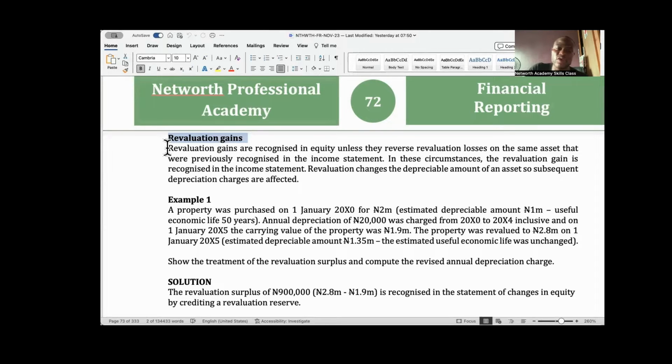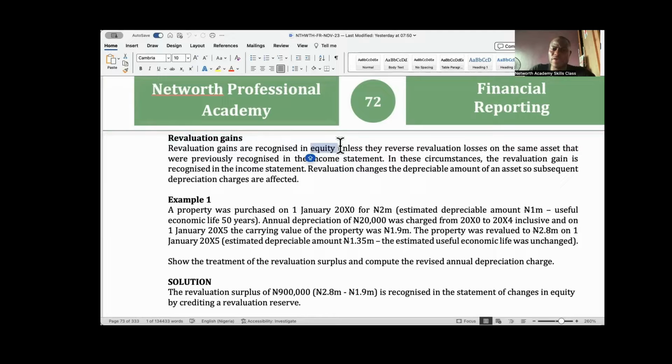And when you have a revaluation gain, usually it is an unrealized income, and it's usually recognized in other comprehensive income. However, all items in OCI, I've told you this before, usually are transferred to equity. So revaluation gain will end up in equity through your statement of changes in equity.